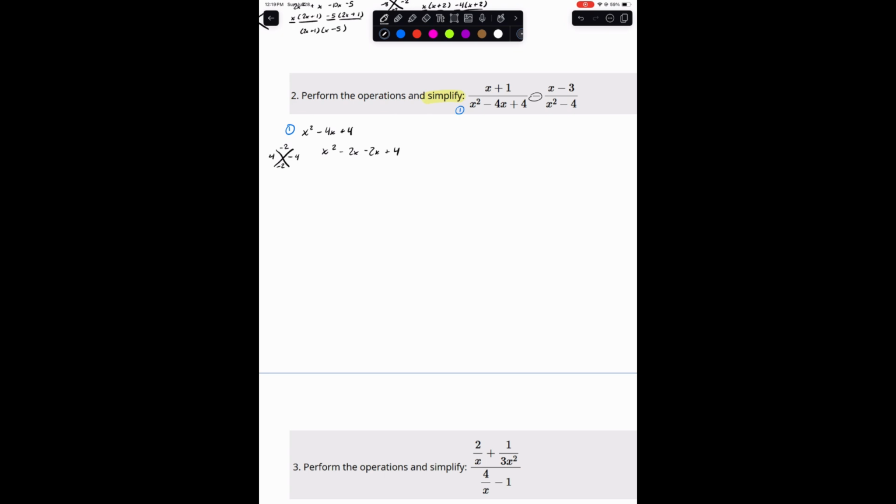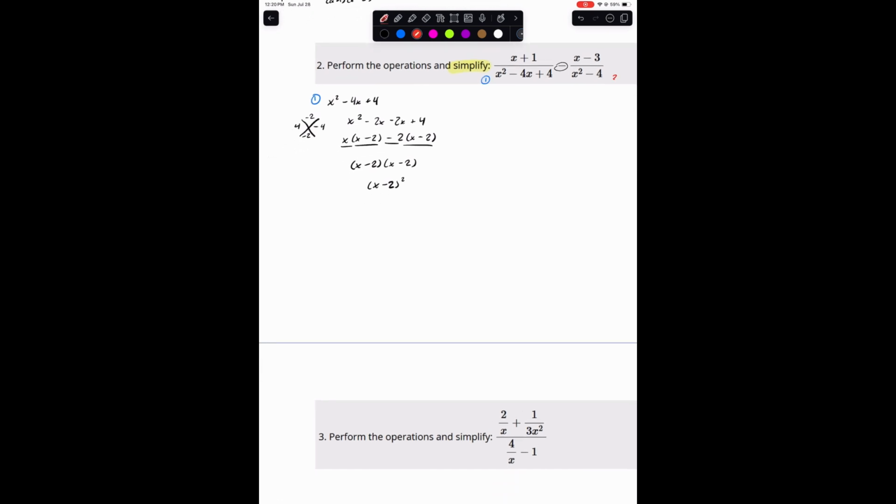We can take out an x from the left. We're left with x minus 2. We can take out a minus 2 from the right, and we have x minus 2 remaining. Common factor, take it out, and now add up the rest. Same factor, so you have x minus 2 squared.